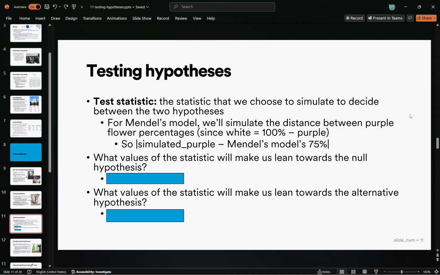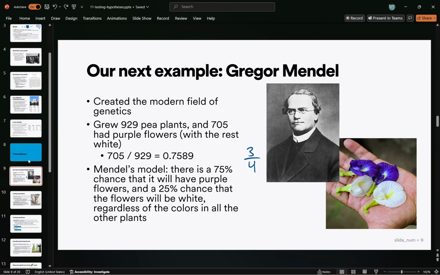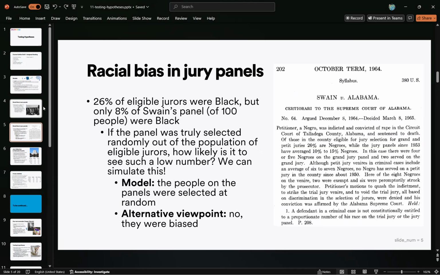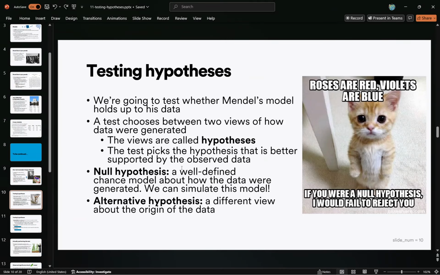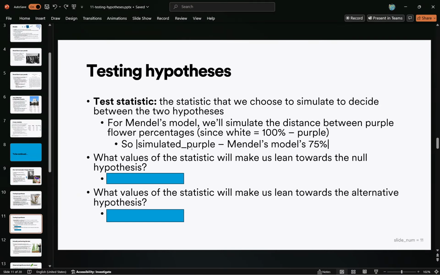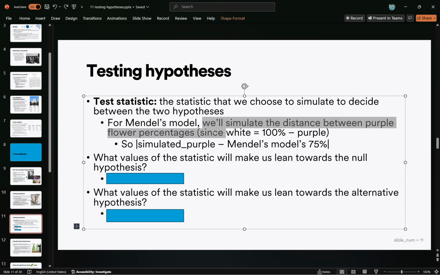The null hypothesis, the one that supports the model, or the alternative hypothesis, the one that does not support the model. And so the number that we will come up with is, it's nice that we only have two options, purple and white. It will do the exact same thing like we did here. It's very helpful because we also had black and non-black. We could just pick one and easily get the other by subtracting from 100%, right? So that's quite nice. So for Mendel's model, what we'll do is simulate the distance between purple flower percentages.